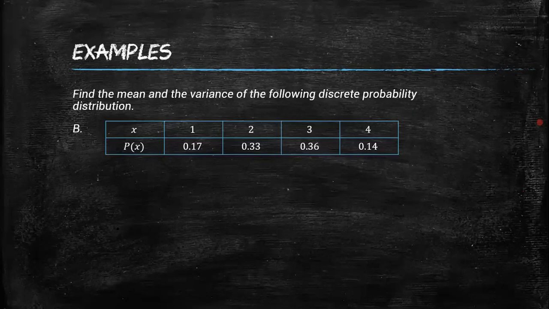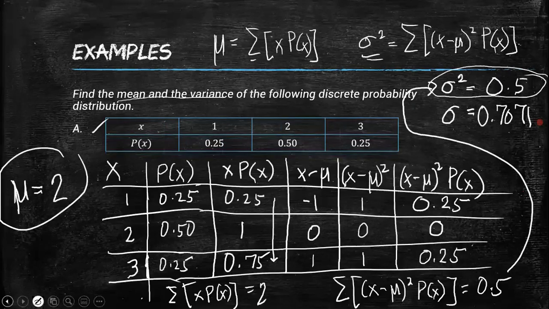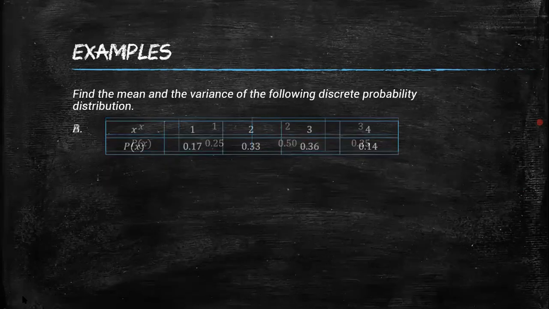Since I have shown you how to find the mean and the variance earlier in our discussion, I'll be giving you 5 minutes to find the mean and the variance.